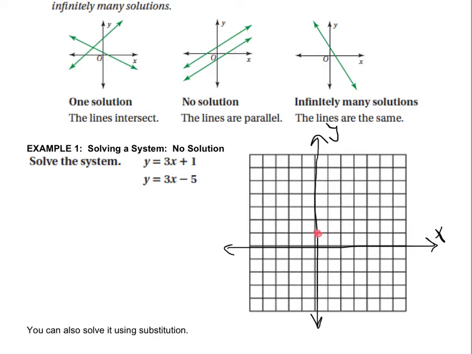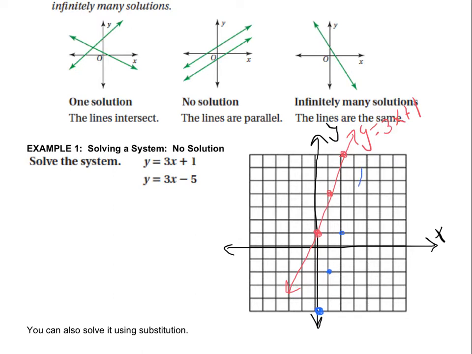So we go up 1, 2, 3, up 1, 2, 3, for y equals 3x plus 1. Our second equation, y equals 3x minus 5. Our first point is our y-intercept, but we are still going up 3 over 1.